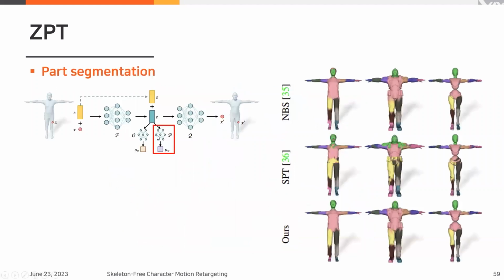And with the predicted part-wise label, they also show better results in segmentation. So NBS makes wrong predictions for hair and feet, and this is the skeleton-free pose transfer module. It may mix the upper legs like this, but compared with this method, the proposed method is quite nice, separating the parts of the bodies.